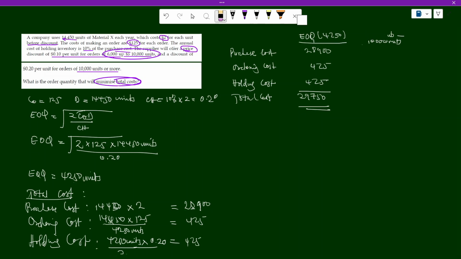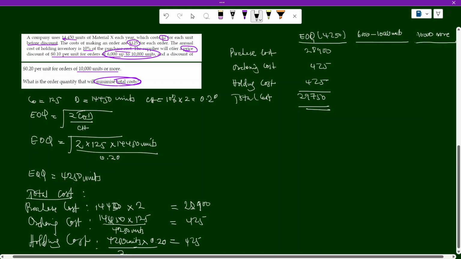Let me write it. So we have 6,000 to 10,000 units. So let's do the computation here. Then we also look at 10,000 units and more.